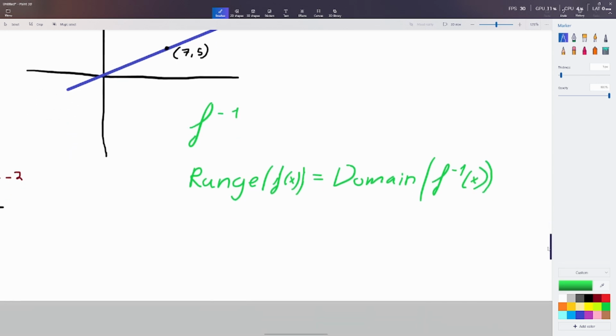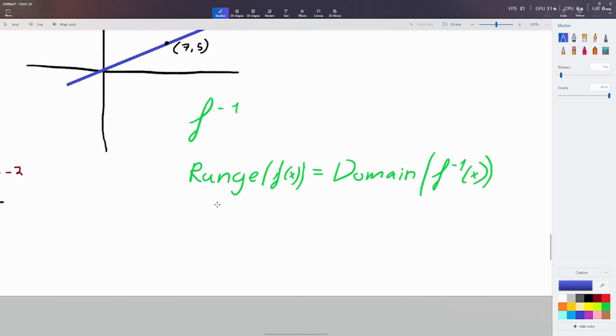And this is because I already talked before that you switch the y values. As I talked like before, if you had coordinates which were 7 and 5, and you know that this is the x value, this is the y value, and you know that the range are all y values, and domain is usually all x values. However, if you switch them, then y becomes the x value. As I talked before, to understand the inverse function, you just switch each coordinate.